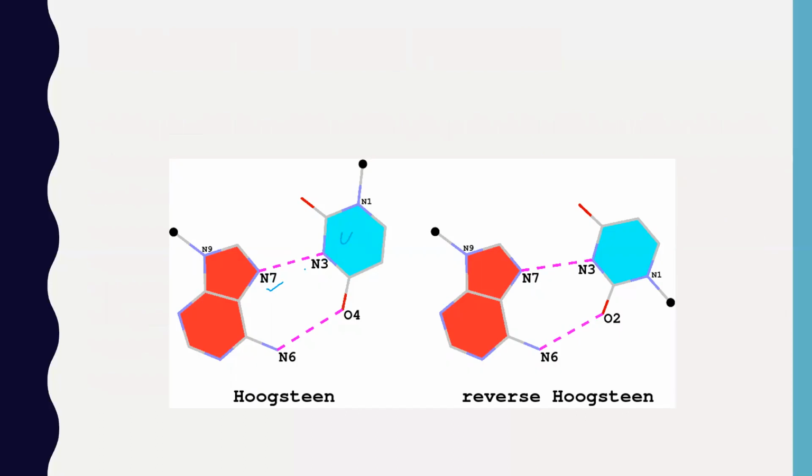It is actually the hydrogen acceptor, and N6 is the donor. One is the Watson-Crick, and the other one is the Hoogsteen base pairing.